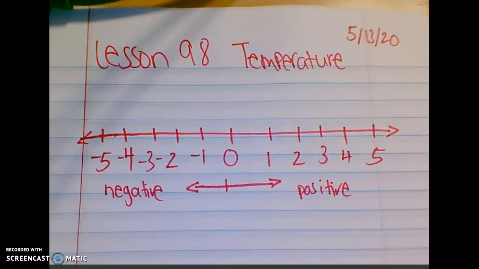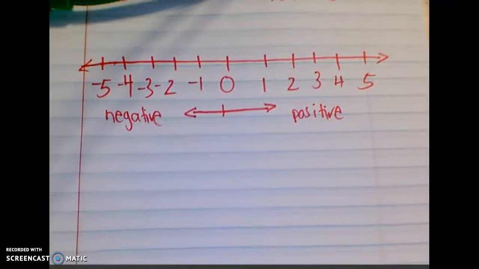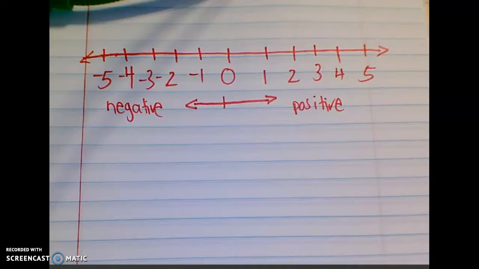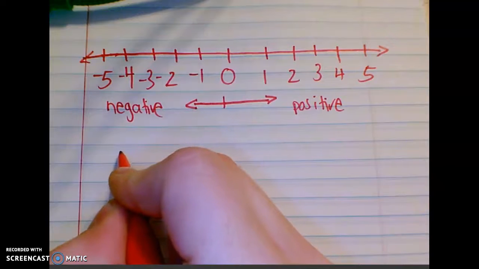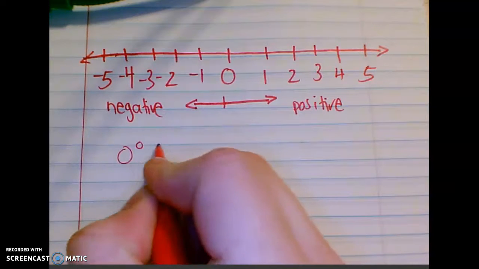So when we are looking at a thermometer here, let's think about the freezing point of water on the Celsius scale. Now, we've talked about this in science. Let's see if you remember. What is the freezing point of water on the Celsius scale? 0 degrees Celsius.